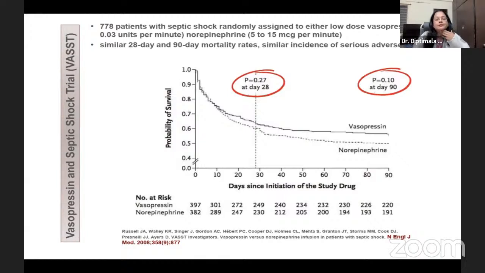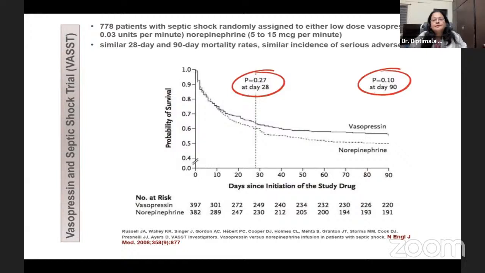In this, 778 patients with septic shock were randomly assigned to either low-dose vasopressin or norepinephrine. For 28-day and 90-day mortality rates, there was a similar incidence of serious adverse events.